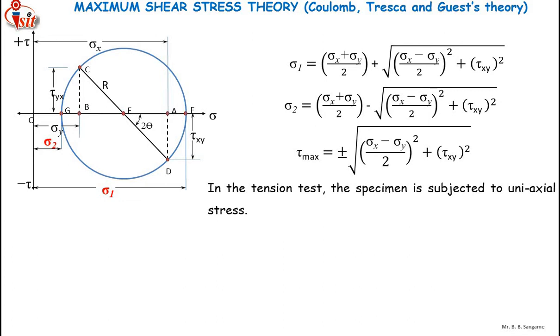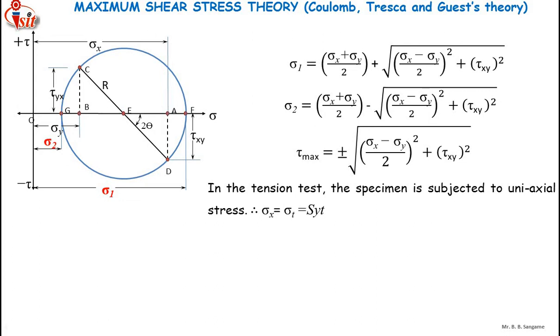So here you can see that in that case sigma x, the normal stress which I have plotted on the x-axis, will be equal to sigma t. And as we know, in the standard tensile testing, failure of ductile material starts at the yield point, which is called SYT, also called yield strength in tension.